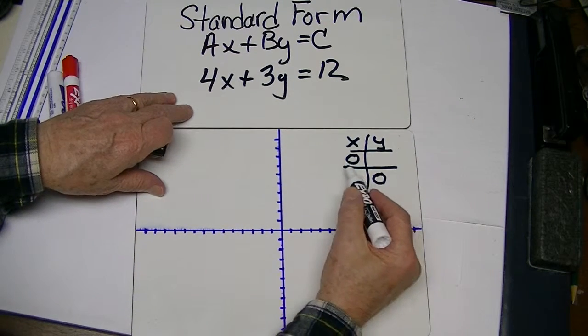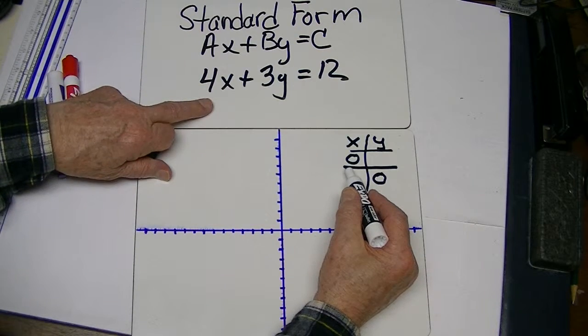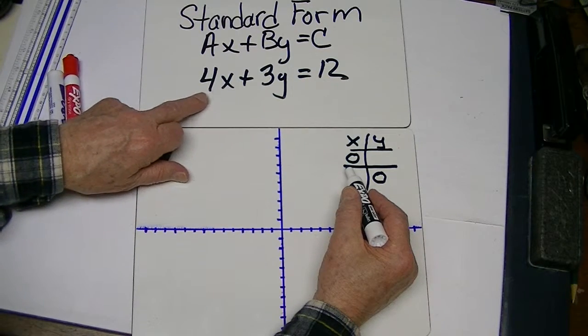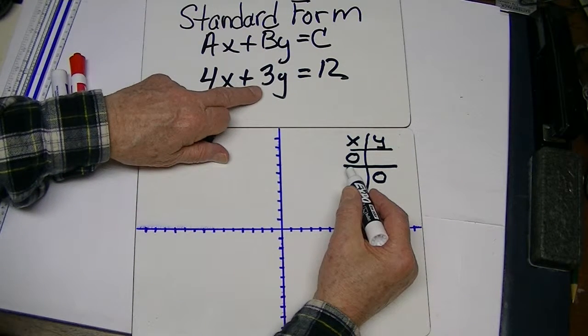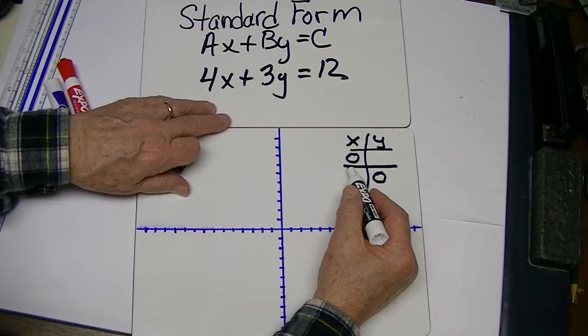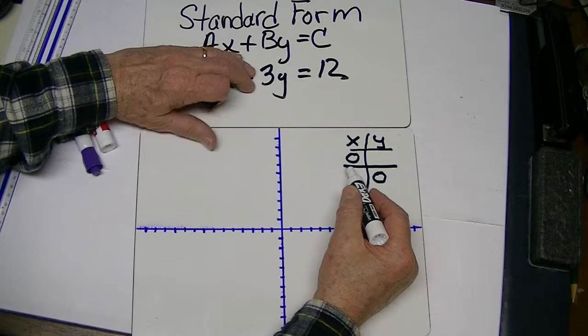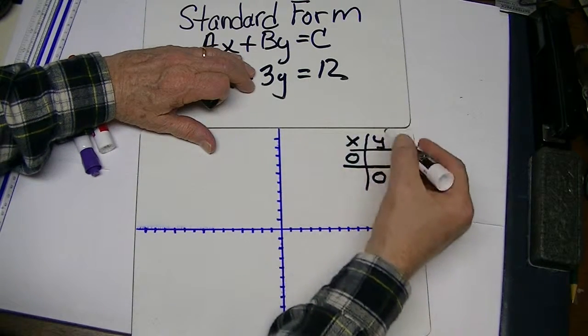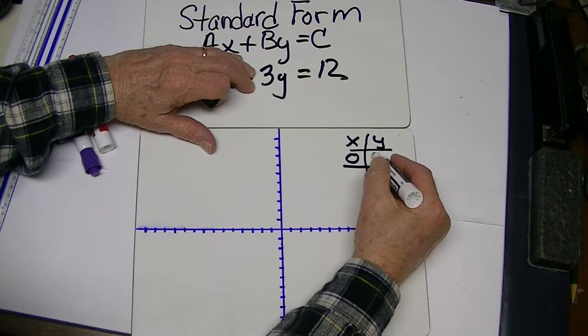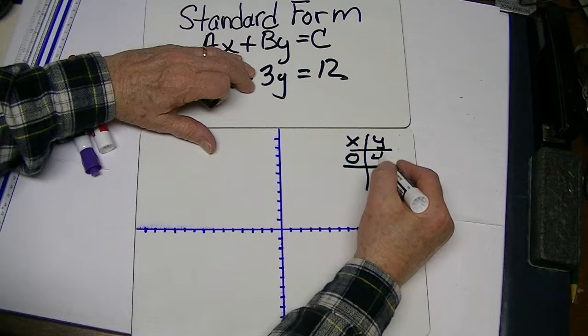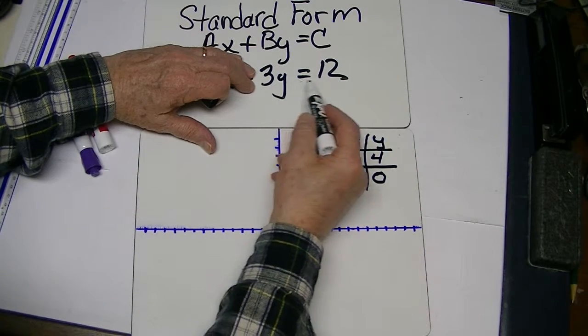So taking this 0 and going into this equation, if x is 0, 4 times 0 is 0, we then get 3y equals 12. So this is 0, it disappears. We solve this and we get that y here is a 4. We can divide both sides by 3.